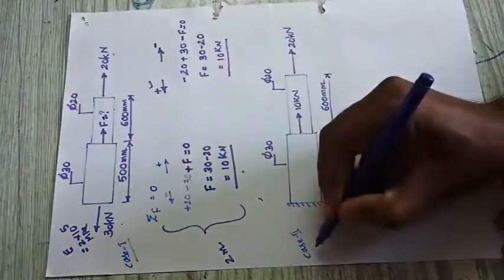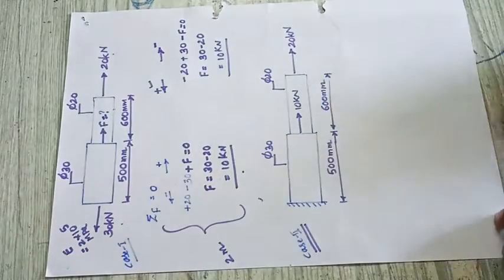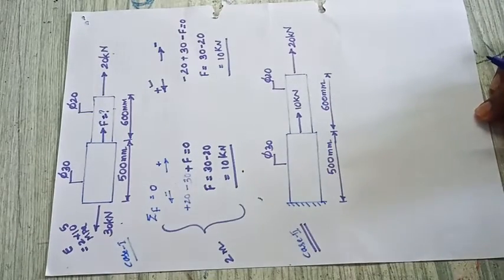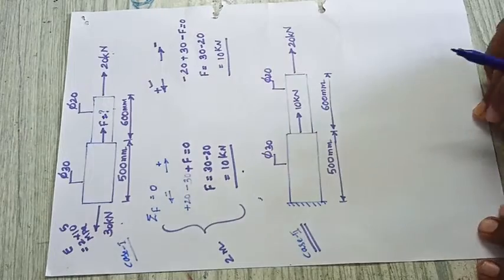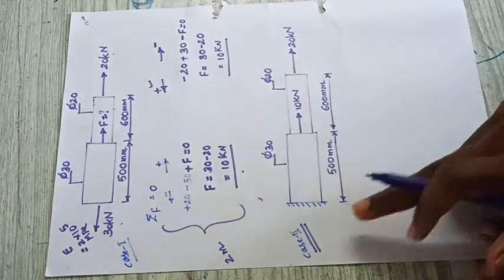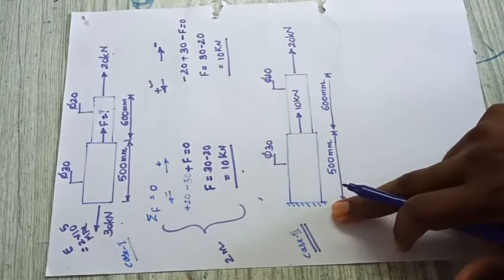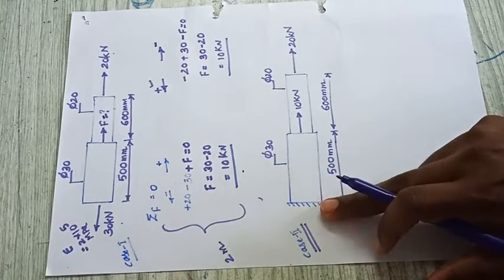Now the second case. Just see here, 30 kilonewton is not given in the problem. Only 2 forces are given, and at this end it is fixed. That means there is a reaction force.